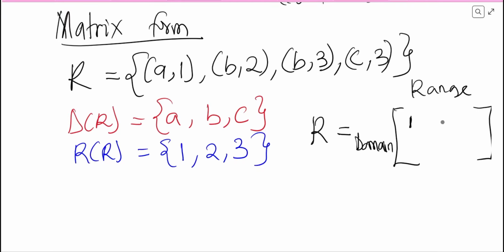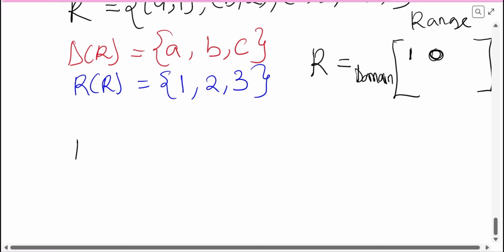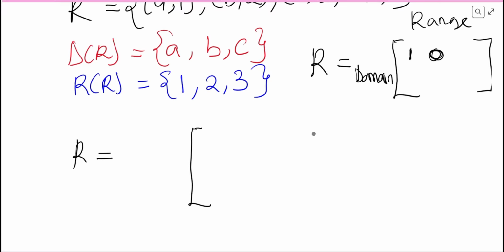If there is no such case, you write 0. So in this case, our R will be equal to, we will form a matrix. It doesn't have to always be a square matrix. It depends on your domain and your range.